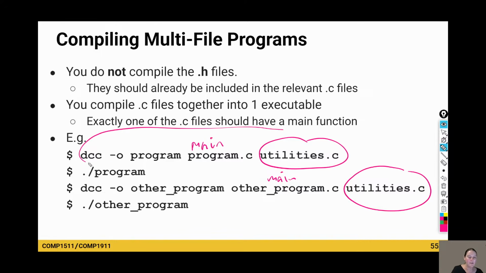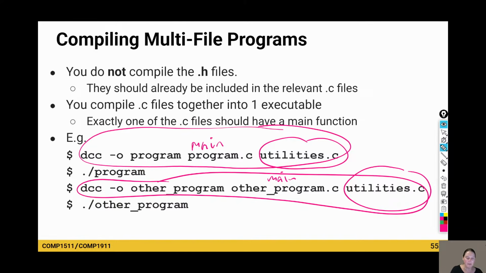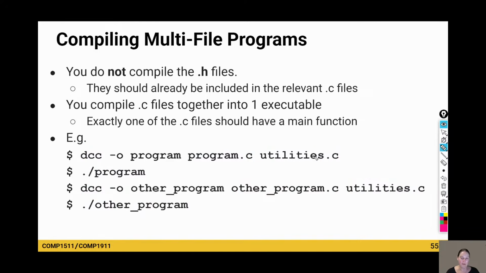You can compile this into one program, and you can compile this into one program. You couldn't compile both of these things into one program. You can only have one main per executable. But you might have lots of main programs that are using your wonderful library, but you'd have to compile them separately.